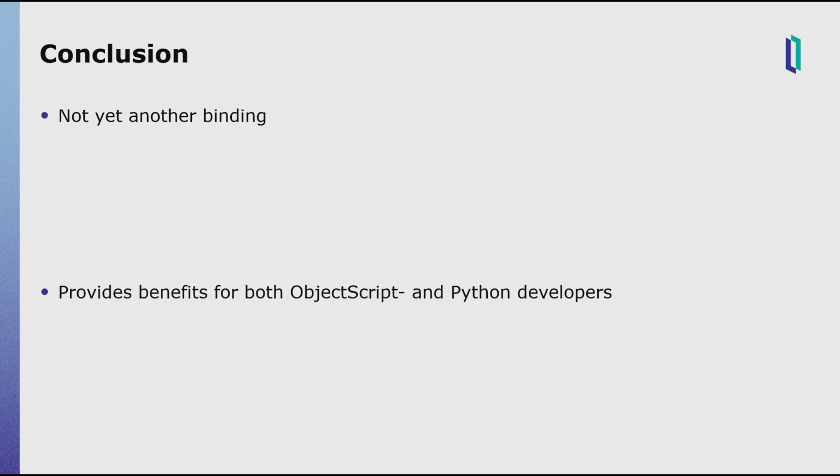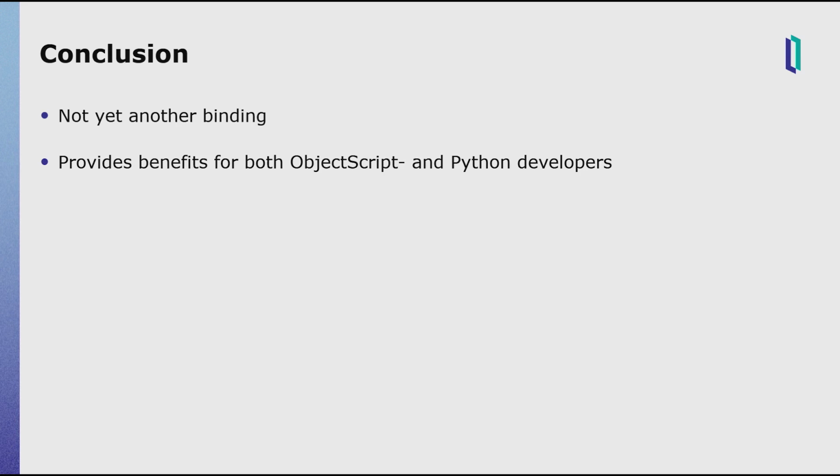Okay, so conclusion. I hope I can convince you that it is not just another binding. It's much more. It's really an alternate development environment or language for your InterSystems Iris server-based development. It provides benefits for both ObjectScript and Python developers.